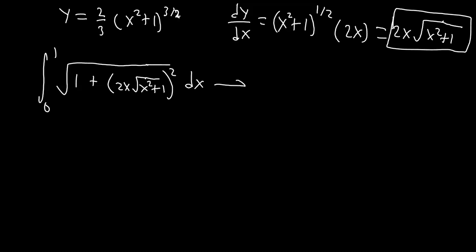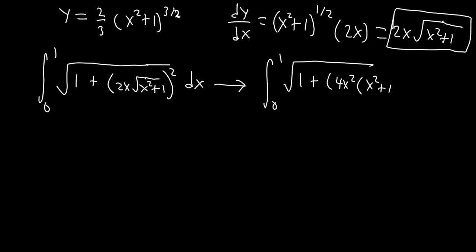And then now, I'm going to simplify this a lot further, right? It's supposed to be 1. And then now we're going to get 1 plus 4x squared times x squared plus 1, okay?